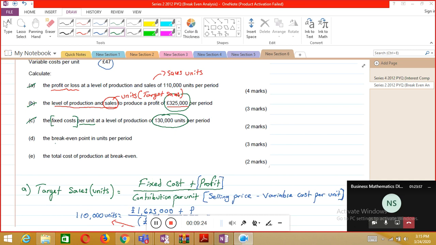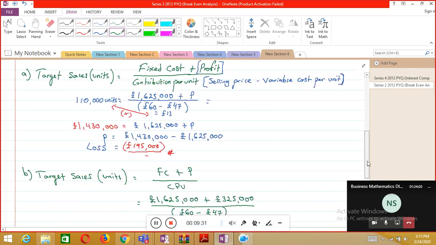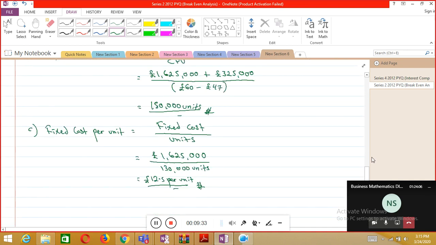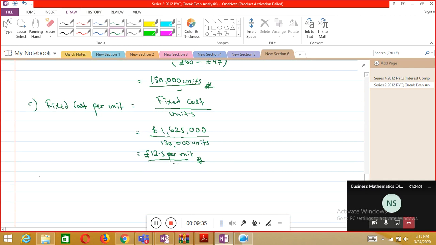The break-even point in units. So they want the BEP, break-even point in units. So you take your fixed cost divided by CPU, contribution per unit.